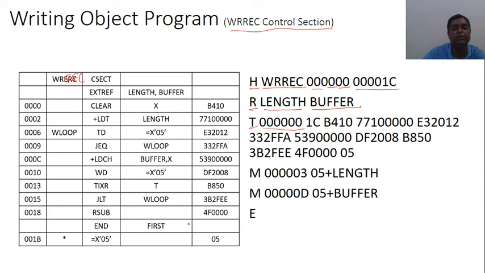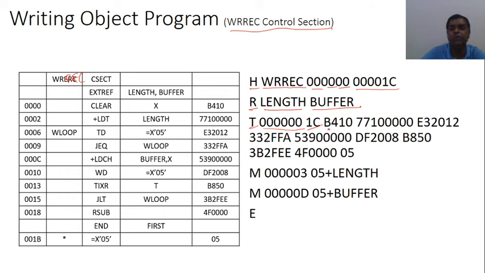This is not a reserved word, not a reserved byte, so I have to take it in continuation only. That's why the total size of the text record is 28, and 28 is written in hexadecimal as 1C. Then we have to write the object code from B410 to 05.